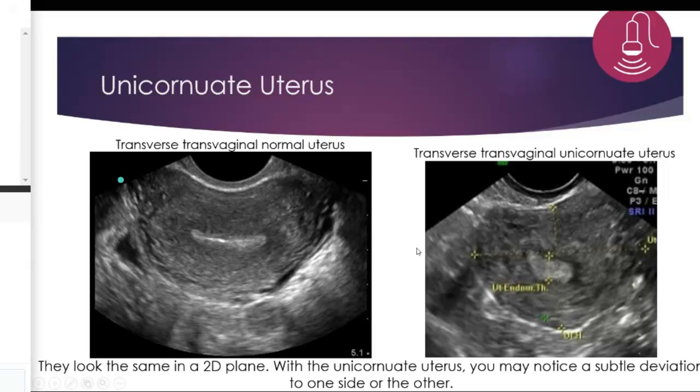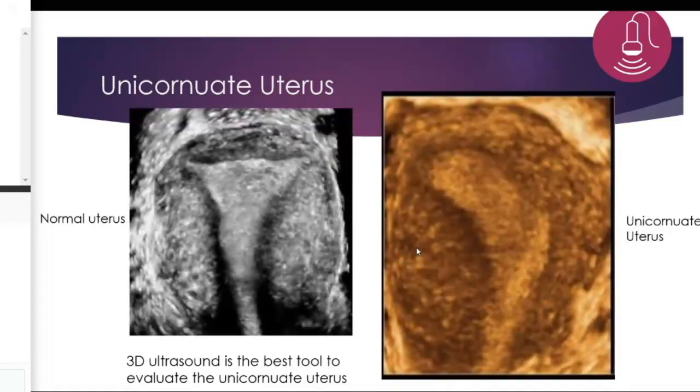So how do we tell if the patient has a unicorn uterus or not? If you suspect a unicorn uterus, how are you going to figure that out? So this is where our handy 3D imaging comes into play. So this gives us a nice coronal image of the uterus. So we have a normal uterus here, so we can see the myometrium along the outside, so this hypoechoic area.